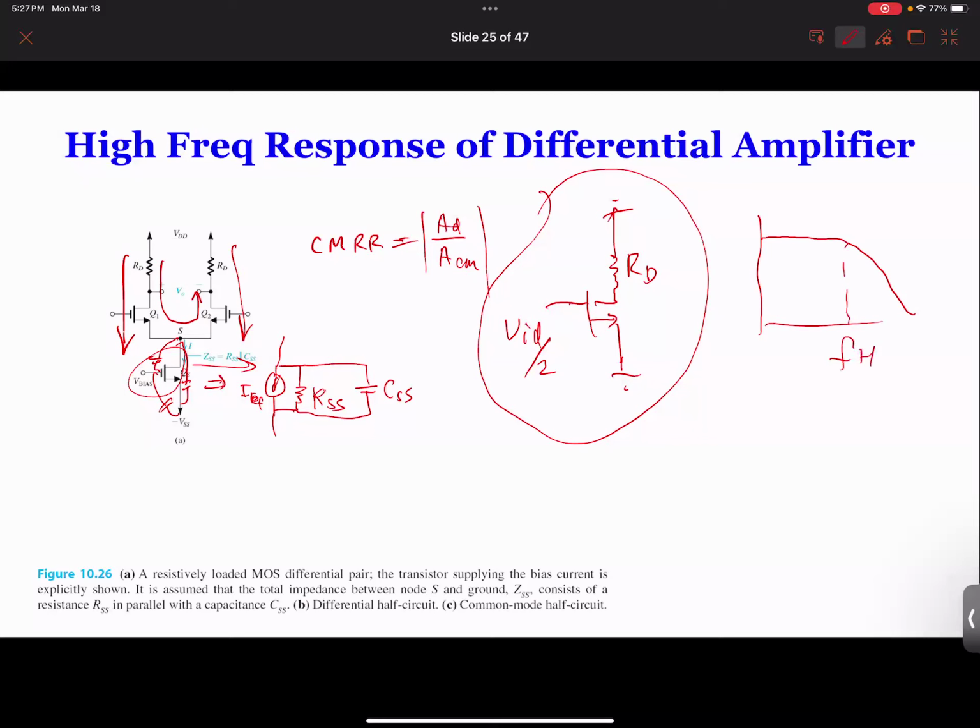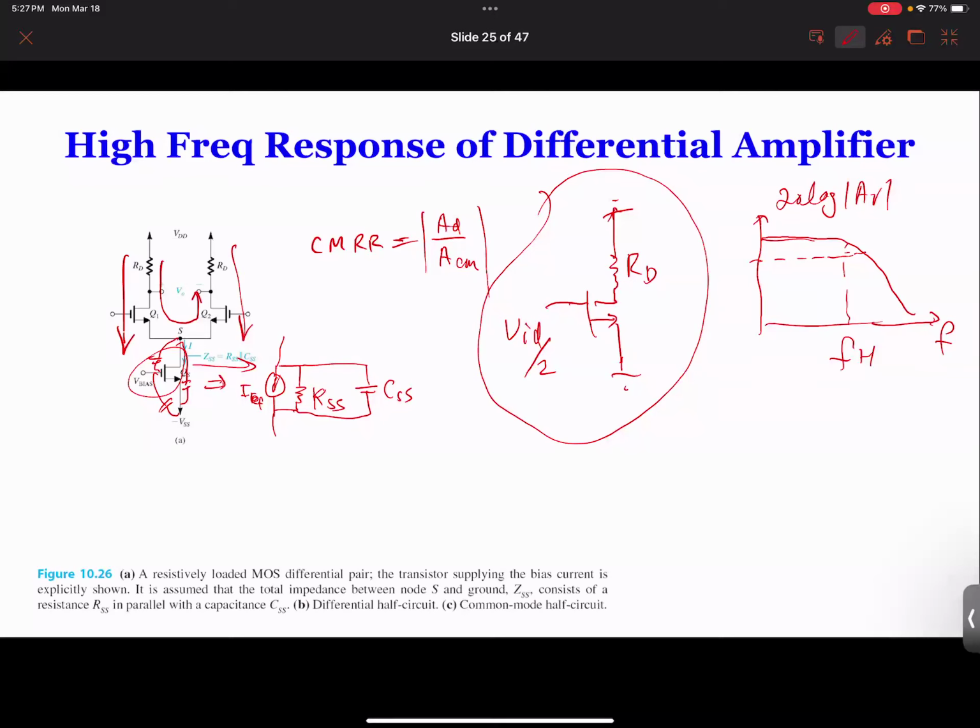This is your FH, and this is your frequency. That's your 20 log AV. This is where your 3 dB point is. That's what we have for the differential gain.